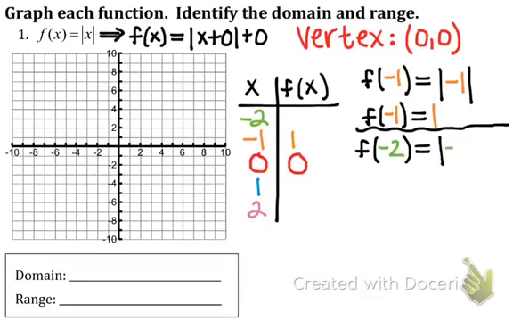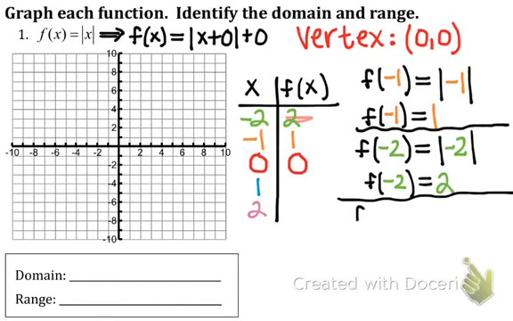So now we're going to plug -2 into the original function. f of -2 is equal to the absolute value of -2, and the absolute value of -2 is +2. So +2 is my value that goes in for f of x. So now I have 2 points. Let's figure out what the other 2 points are.